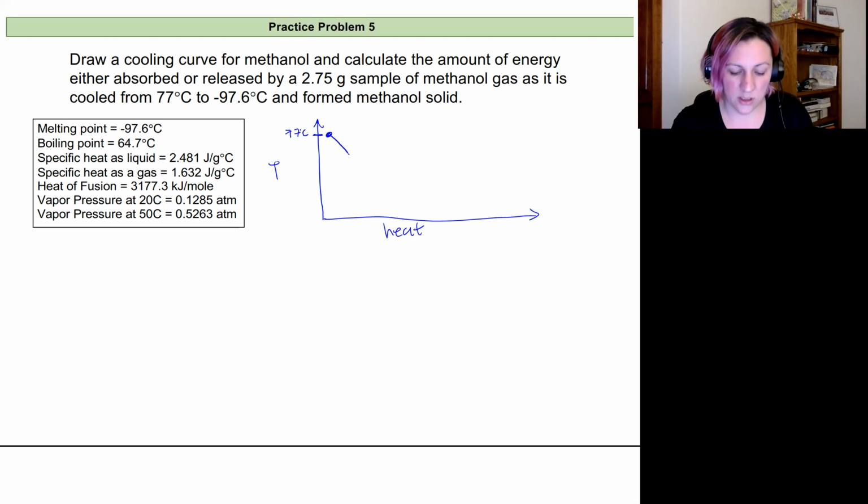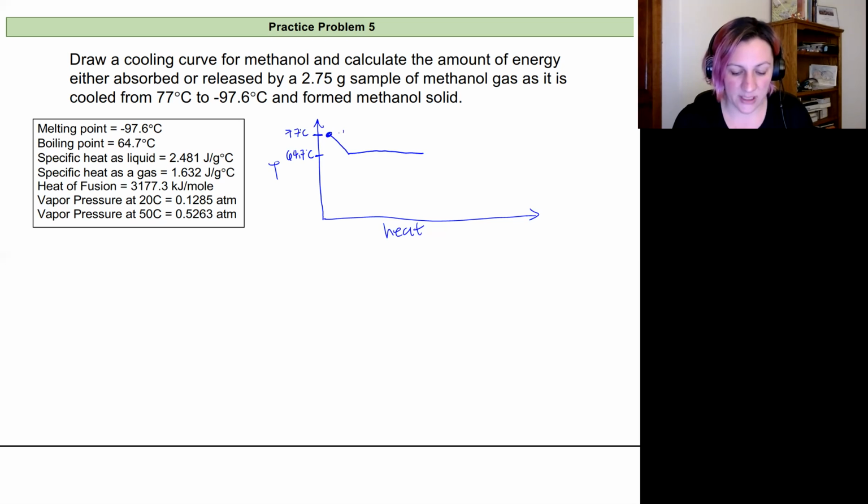And we're going to cool this gas until we hit the boiling point, which is going to be 64.7 degrees Celsius. So a boiling point is also the same as a condensation point. It's just the phase change of vaporization or condensation. Both phase transitions will occur at that same temperature.